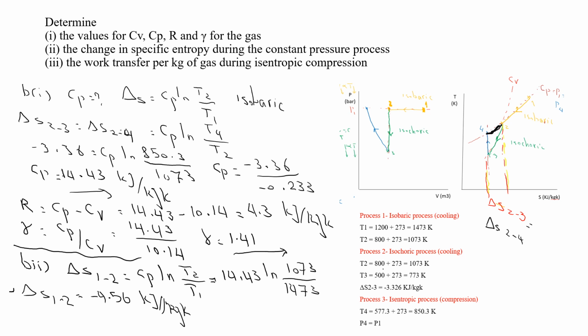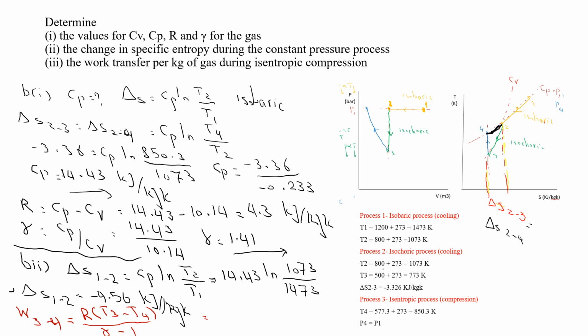So we write down over here that W34 is equal to R T1, T3 minus T4 over gamma minus 1.